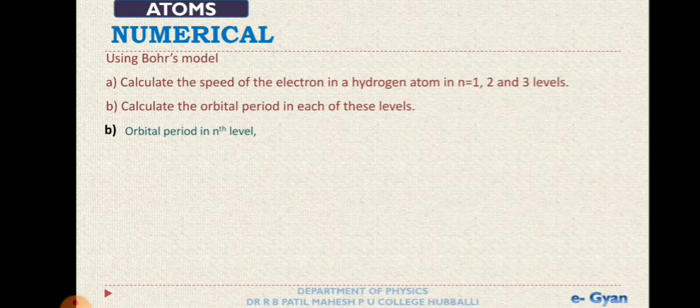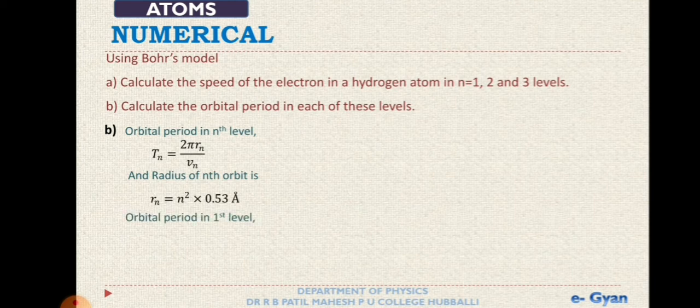Now, the orbital period of an electron in nth level is given as Tn = 2π Rn / Vn. The radius of nth orbit is Rn = n² R0, where R0 is 0.53 angstrom, which is also called Bohr's radius. So therefore, the orbital period in first level is T1 = 2π R1 / V1.